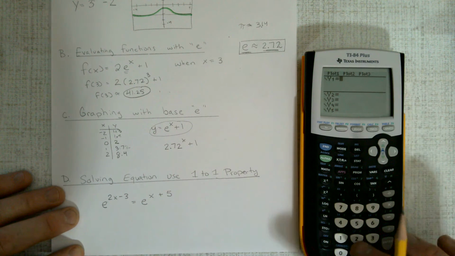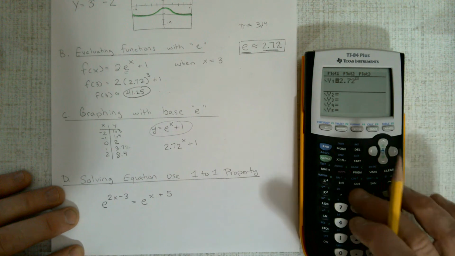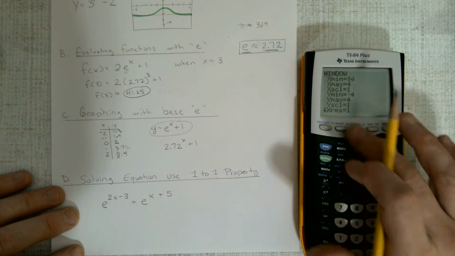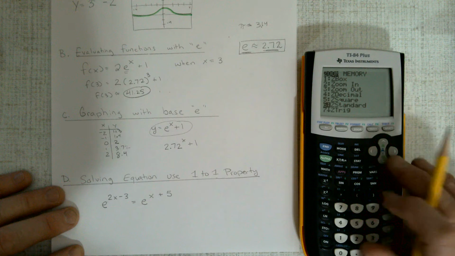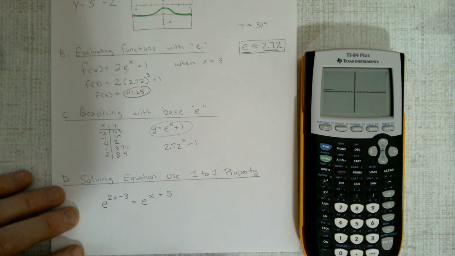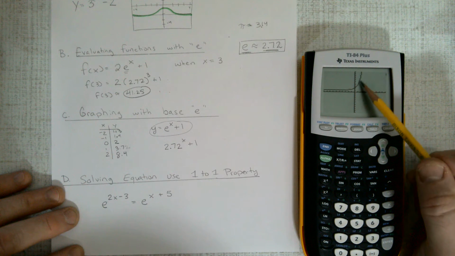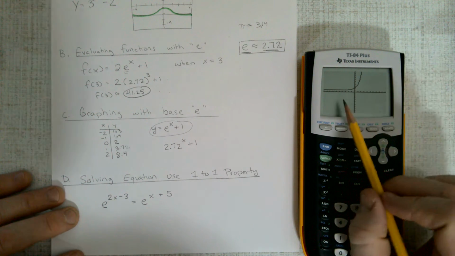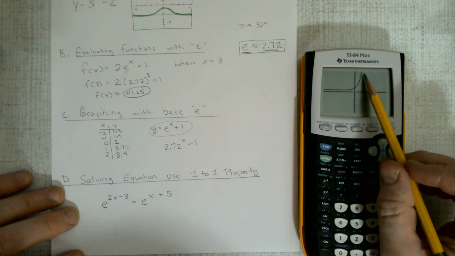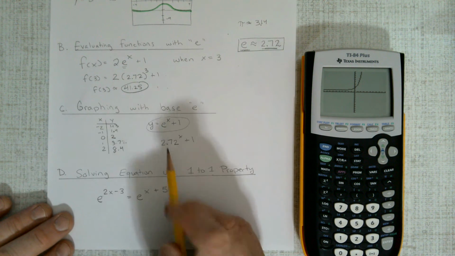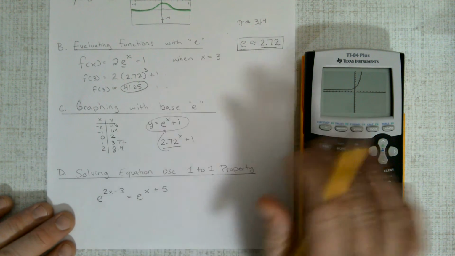Or I can just do 2.72 raised to the x power plus 1. The window is here, and right here's what your graph is going to look like. It's going to go up really fast once it hits this axis. Again, just use decimals, use this number exactly the same.